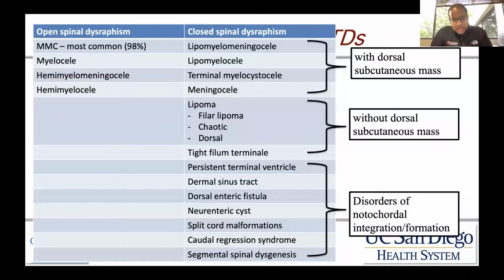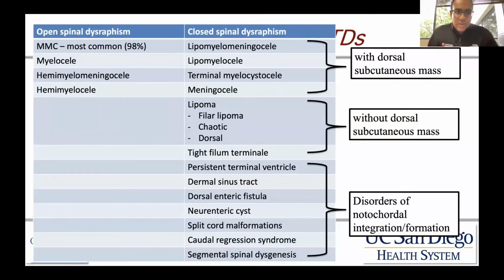So this is a more complicated table, but it's kind of been broken down in a way that we look at open and closed. So we're going to start off by talking about open spinal dysraphism, and the most commonly seen open neural tube defect or open spinal dysraphism topic is myelomeningocele, and that makes up 98% of open spinal dysraphism cases that we see.